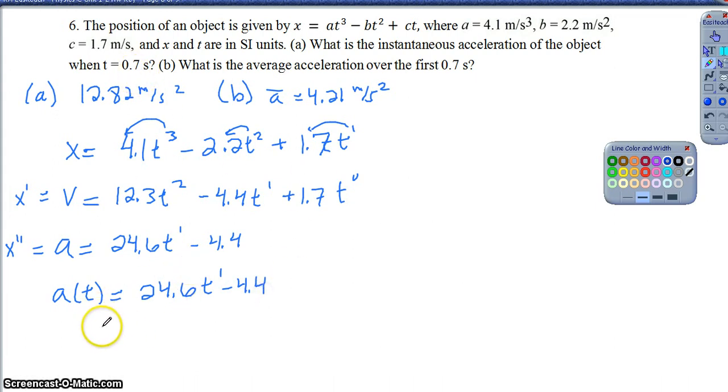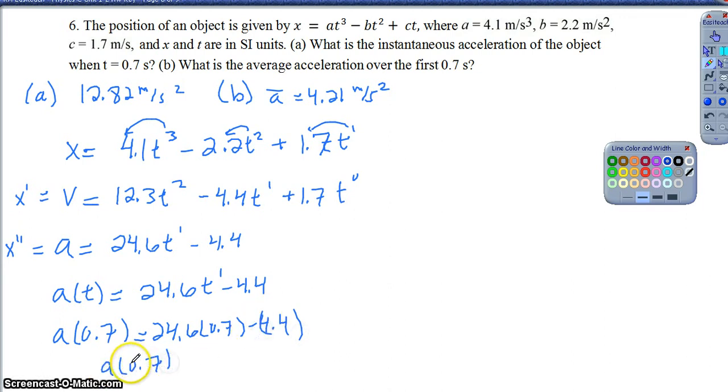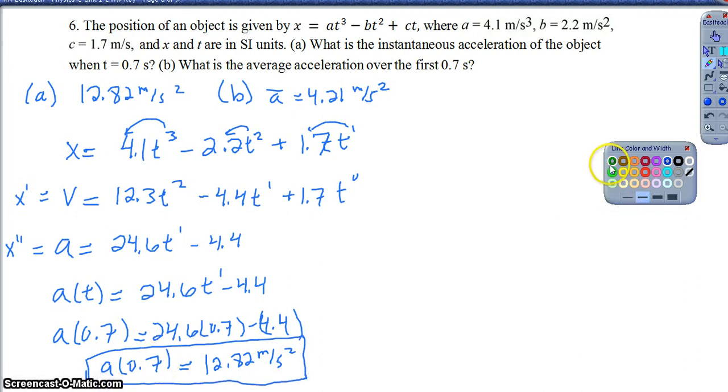So in this case, I'm going to take the acceleration at 0.7 seconds and plug it into my equation. So 24.6 times 0.7 minus 4.4. And when I do that, that's where I got the first answer of 12.82. Okay, so 12.82 meters per second squared represents my instantaneous acceleration, so the acceleration at that exact instant in time.